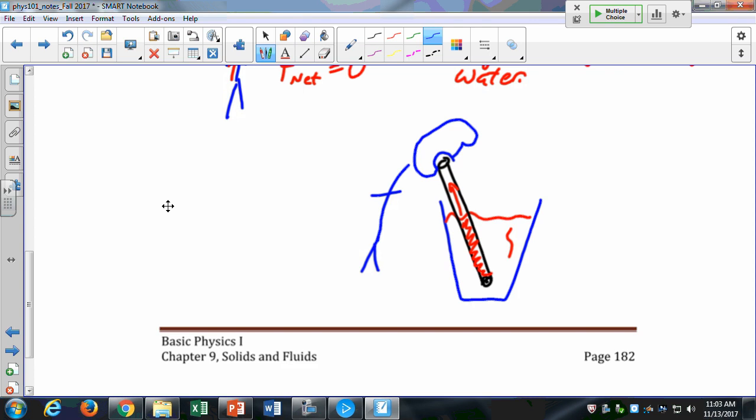Now you're going to think that, well, it's because I'm applying a pressure inside my mouth. And that's sort of true, but it's also not really true. What's really happening is you're creating a vacuum in your mouth, or at least a near vacuum, a lower pressure. You create a low pressure here.